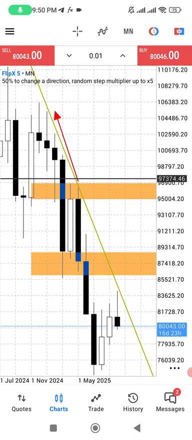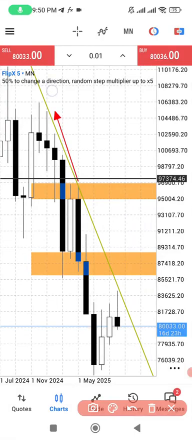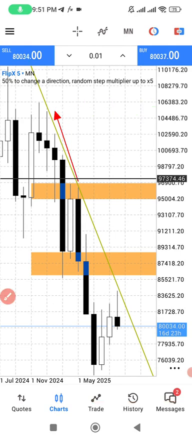That is the monthly gradient is negative. The monthly gradient is negative, so MM is minus.